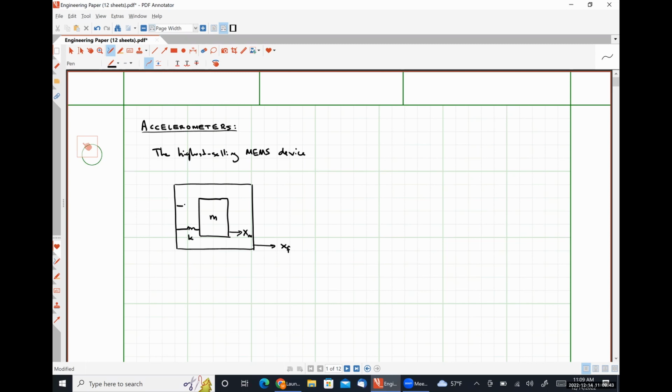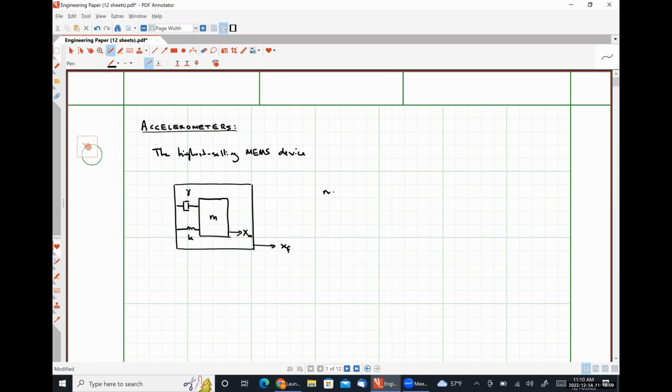And then there may also be some sort of mechanical damping present, characterized by the damping coefficient gamma, that tries to in some way influence the relative displacement of the mass with respect to the frame. So it's there to arguably prevent ringing and things like that. Okay.